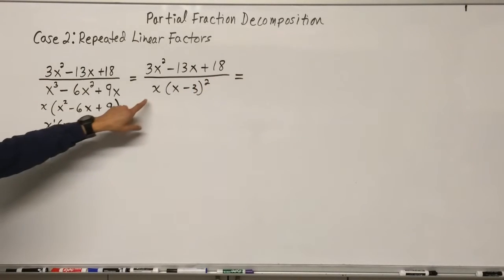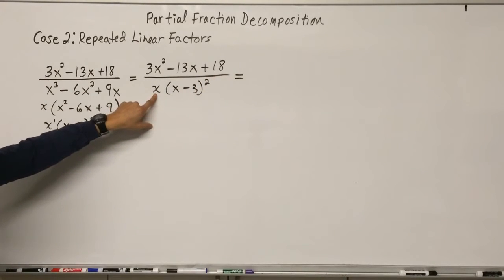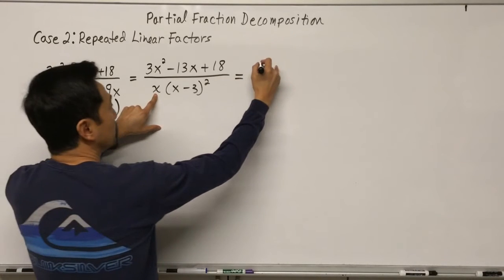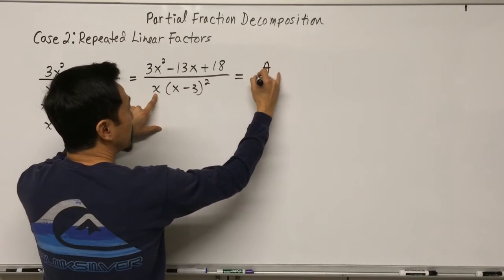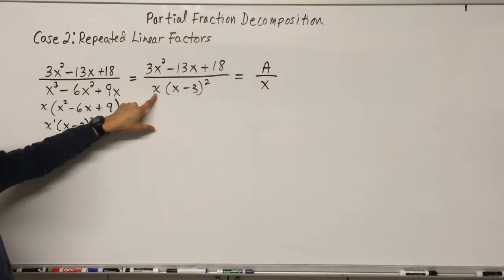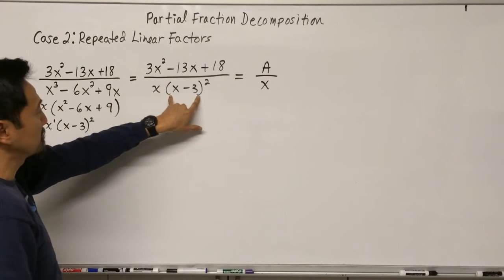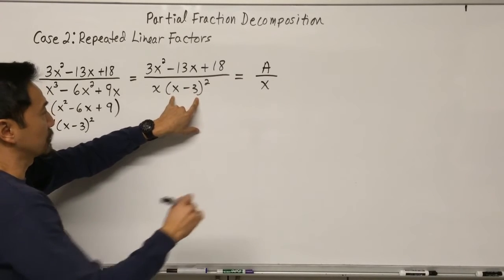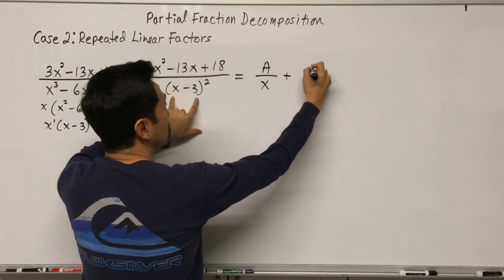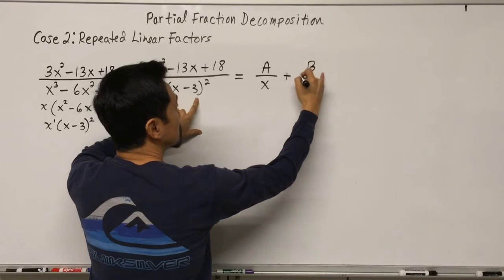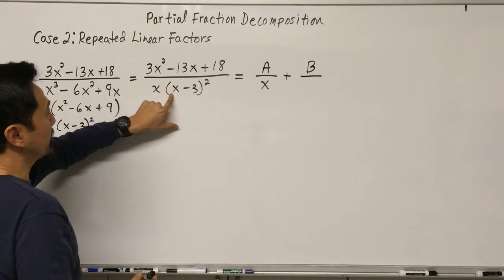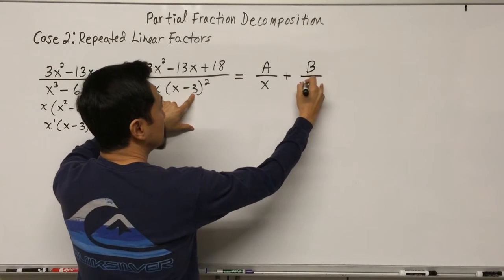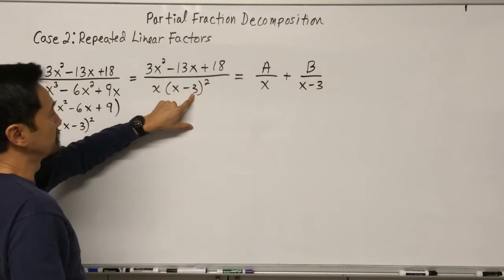Okay, now for that one distinct linear factor, we're going to have a constant, call it a, over the x. And then for this (x minus 3) squared, it's going to produce two fractions. One of those fractions is b, which is a constant, over x minus 3 to the first power.